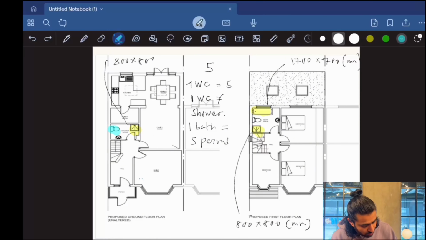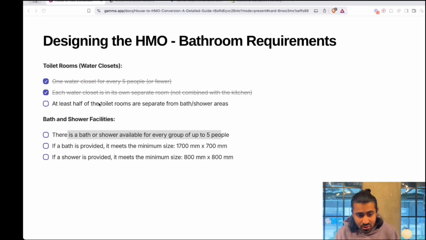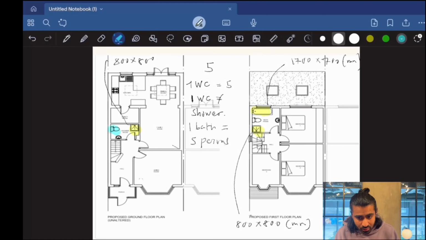So you've got toilet here and shower here. So this space, the toilet and shower on the ground floor, meets the toilet and shower requirements because it's up for 5 people. However, where it says at least half of the toilets are separate, we've actually got another toilet on the first floor. So we actually do have 2 toilets.